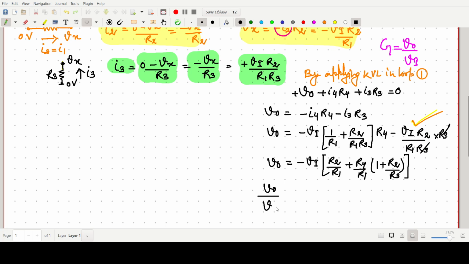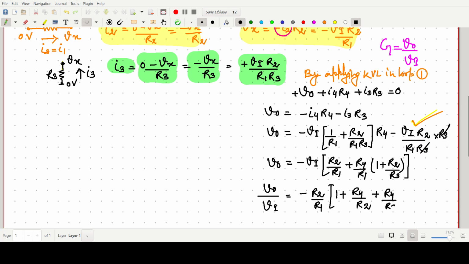So this one is the expression. Finally, we can write V naught by Vi equals minus, now if we take R2 by R1 common in both sides, R2 by R1, then R4 by R2, then R2 is there, so taking R2 common, then R4 by R1, R4 plus R3.